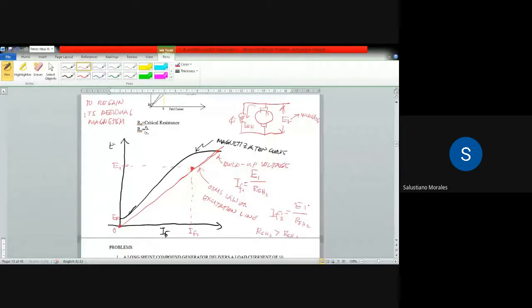So the field current should decrease. So assuming the decrease of the field current is this much, we have IF2 here. If we connect the origin to that point by a straight line, then our curve should look like this.